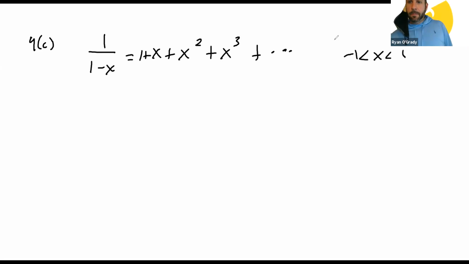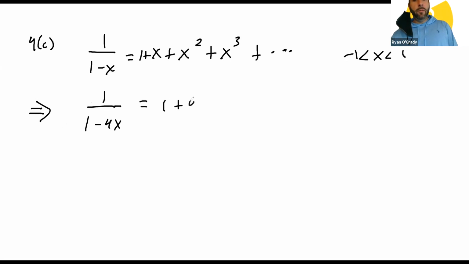Now, this implies that I'm going to replace x with 4x. So this is 1 over 1 minus 4x, and so this is 1 plus 4x plus 16x squared plus 64x cubed.